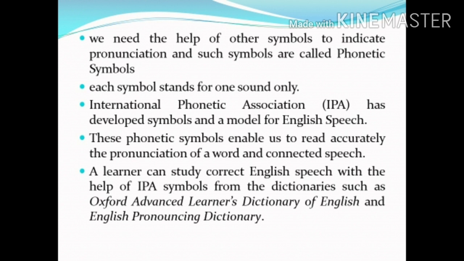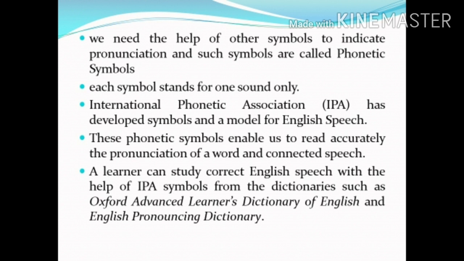In order to learn English phonetics, we need the help of other symbols to indicate pronunciation, and such symbols are called phonetic symbols. Each symbol stands for one particular sound. There is an organization called the International Phonetic Association that has developed symbols and a specific model for English speech.